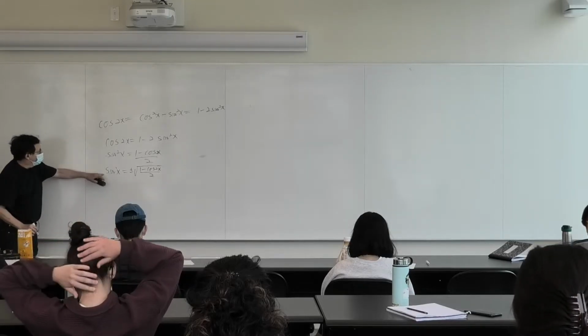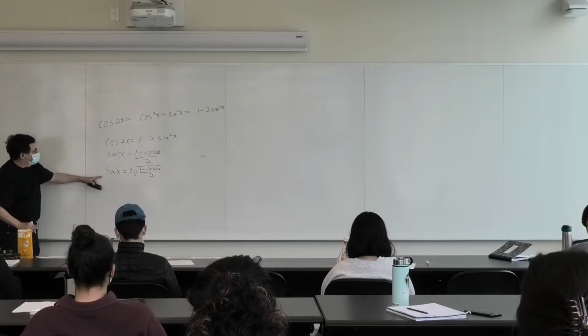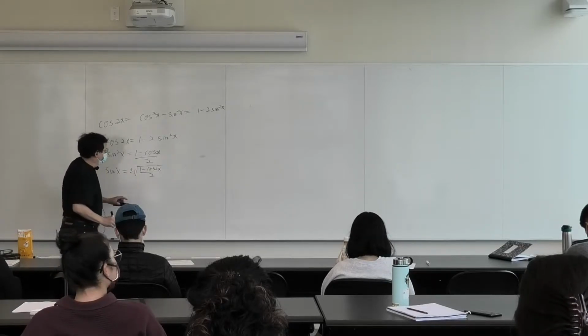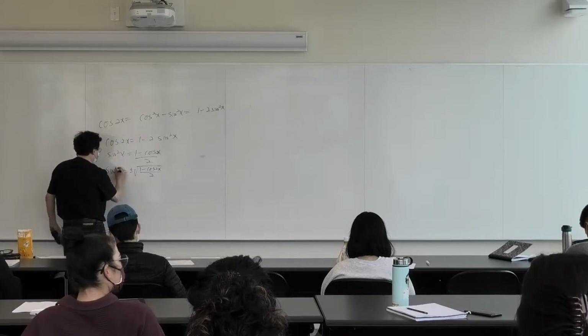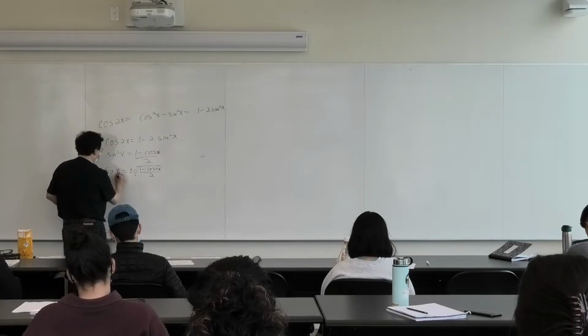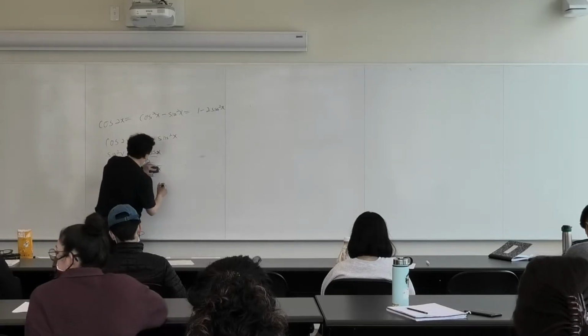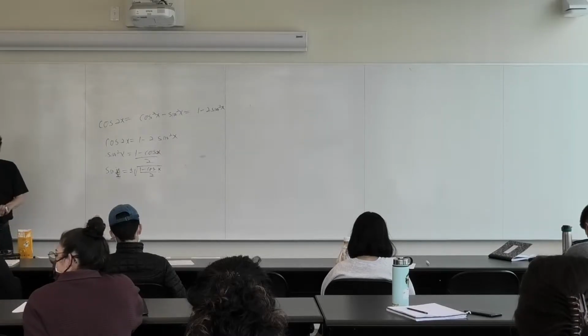So that's just from the cosine of 2x. But if this is x and this is 2x, I can just make this x over 2, and I can make this x. Okay. That's how you do those.